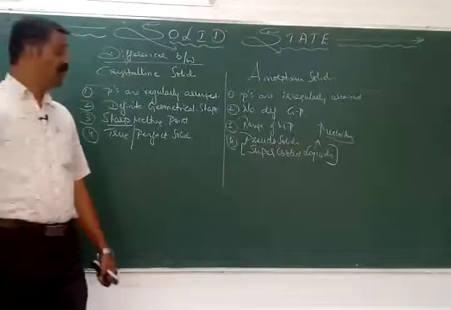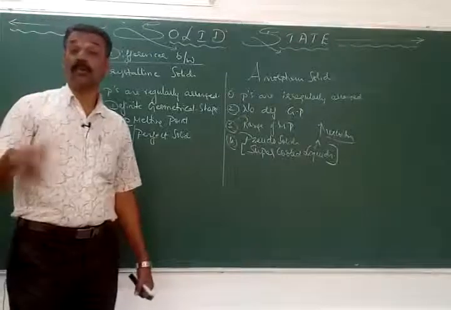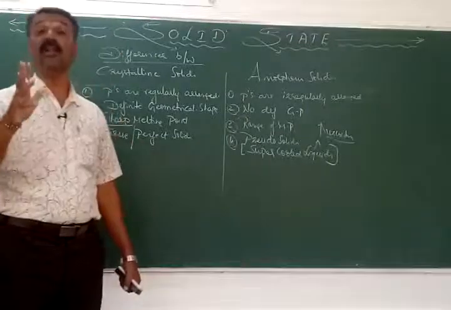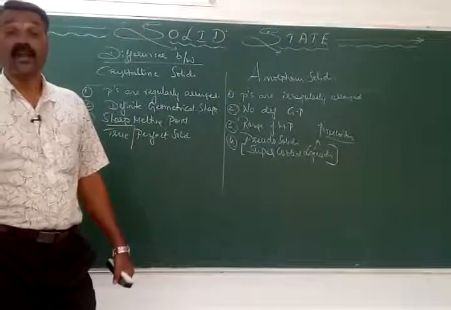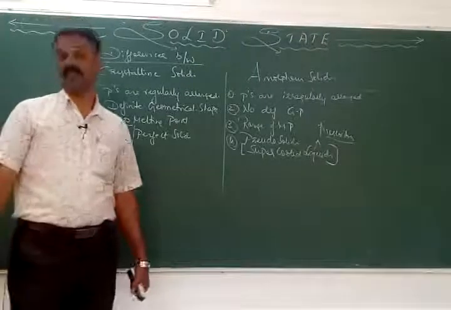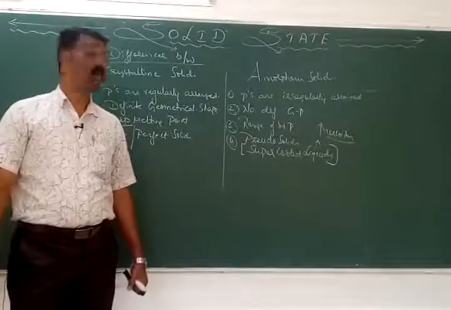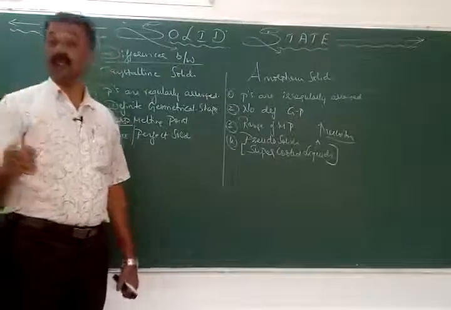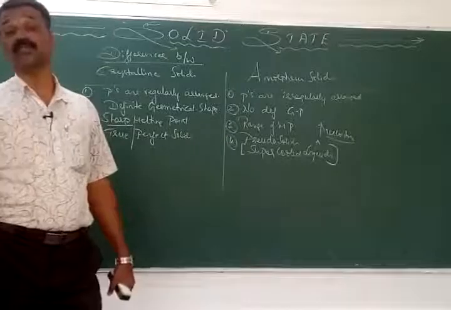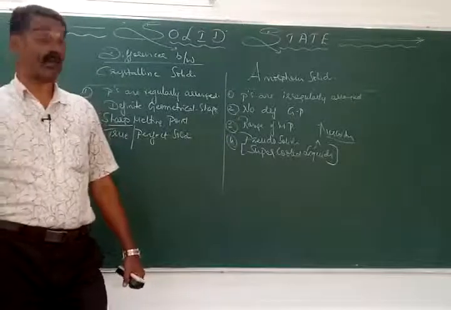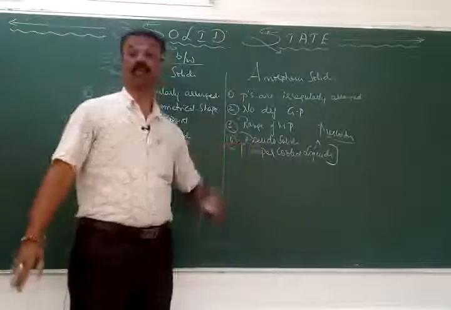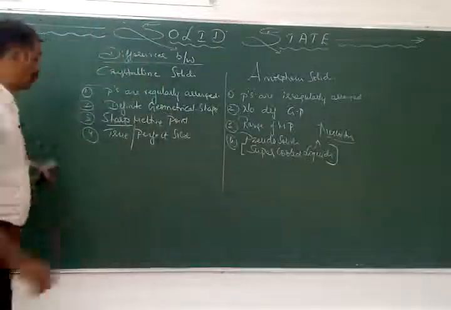Since the particles are not closely and compactly arranged, it is indirectly the supercooling nature of the liquid. That makes the viscosity higher. That is why they are not examples of perfect solids; they are considered pseudo solids.